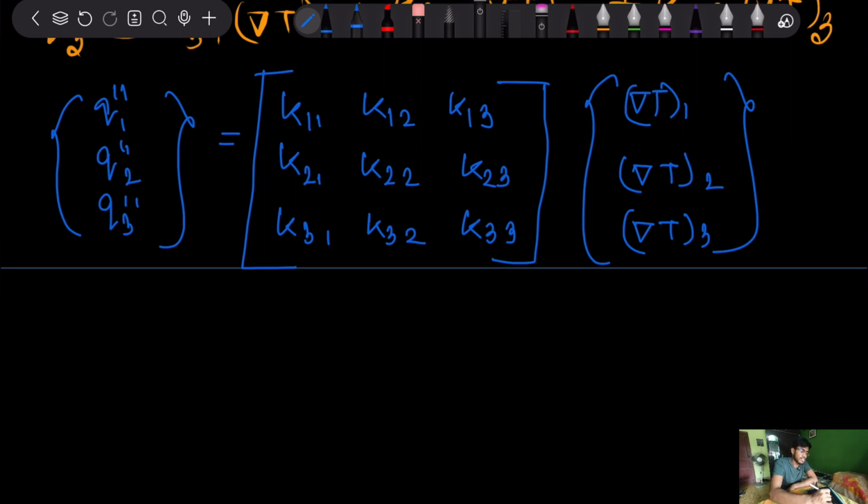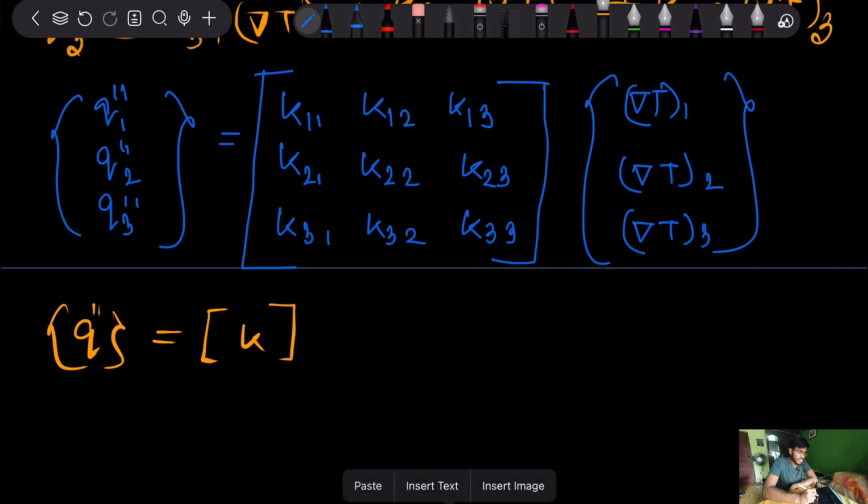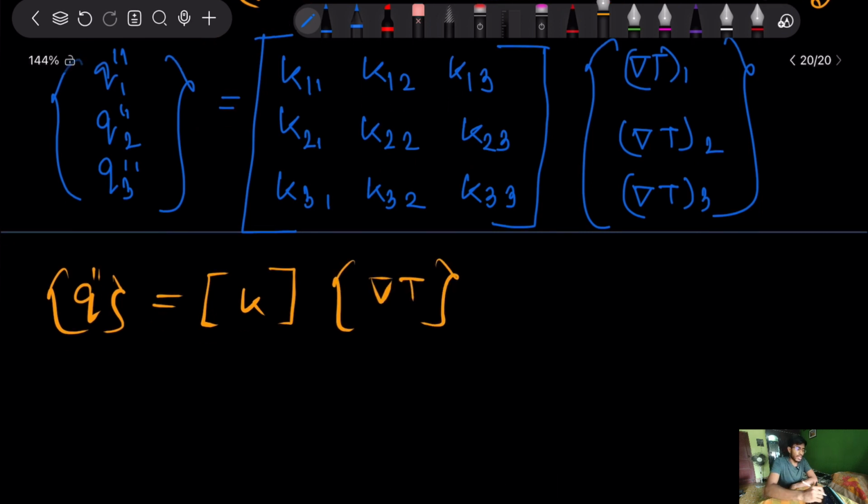Now I can write this, for the sake of completeness, as a Q matrix, or rather a column vector or column matrix, and this is a K matrix, a 3 cross 3 matrix, and this is another column vector, delta T. You see that this is 3 cross 1, this is 3 cross 3, this is again 3 cross 1.